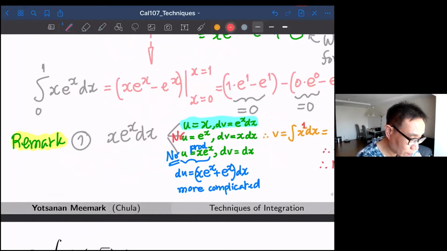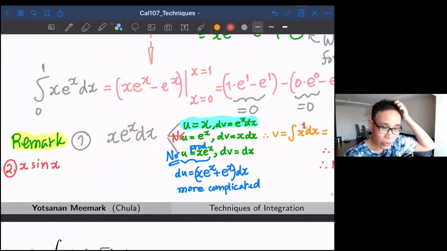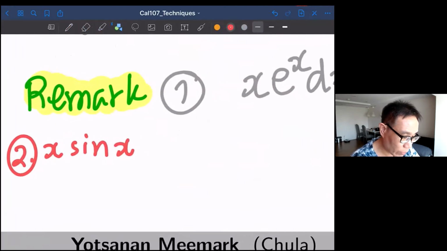Let's try. For number 2, you have x sin x. Let's do x sin x. For x sin x, you see that you have several things. You can have u to be x, dv to be e to the x. Okay, so let's write them down. First, you have how many cases? You have 3 cases, the same thing.